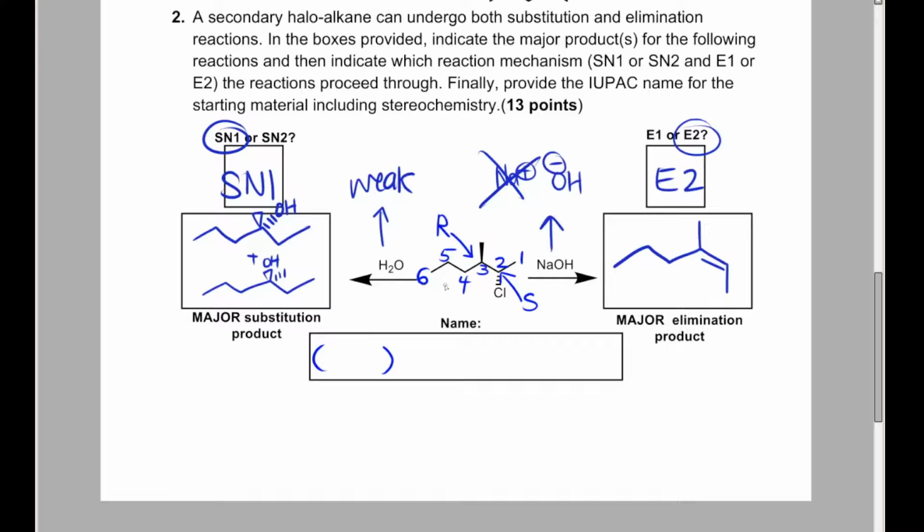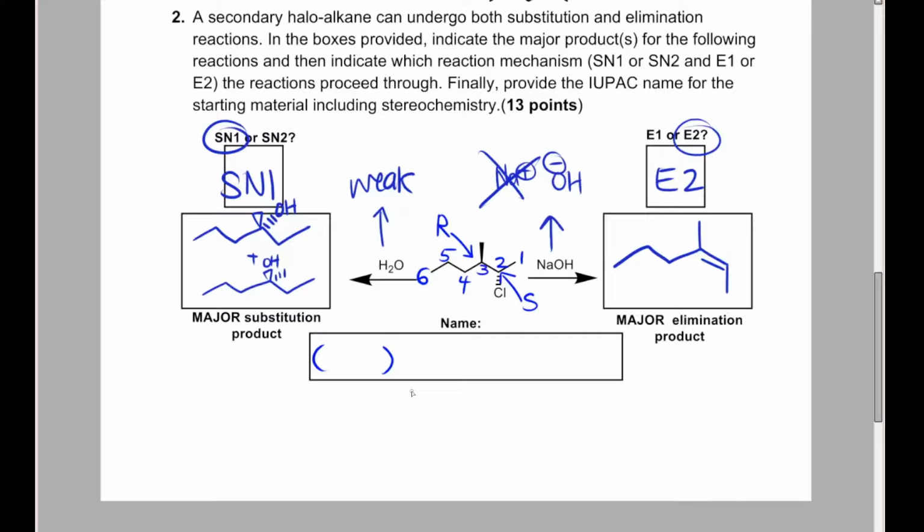So now that we have established the R and S configuration, and we've also established the numbering of this parent chain, we know it's a hexane because it has 6 carbons, we can start with the first part of the name, which is the R and S configuration. When there's only one stereocenter in a molecule, you don't have to number the R and S configuration at the start of the name, but since in this case we have two different stereocenters, we do need to number them.